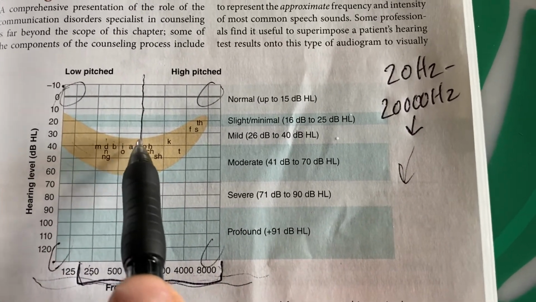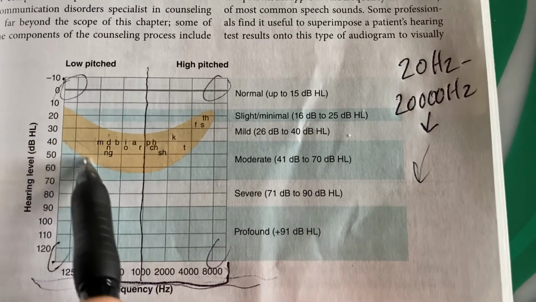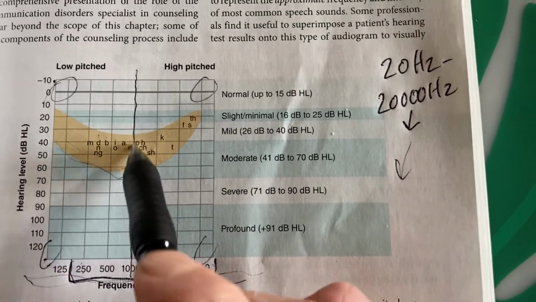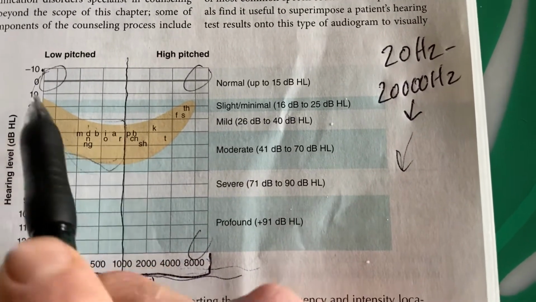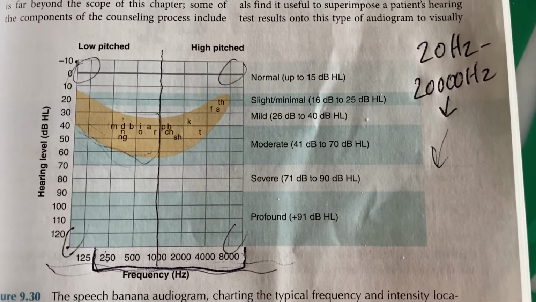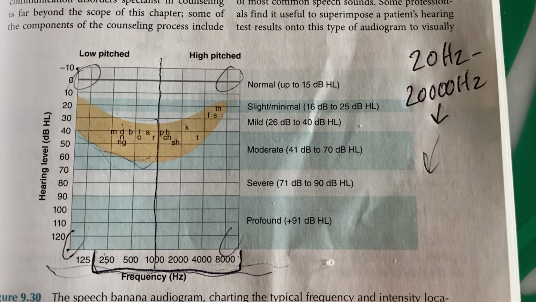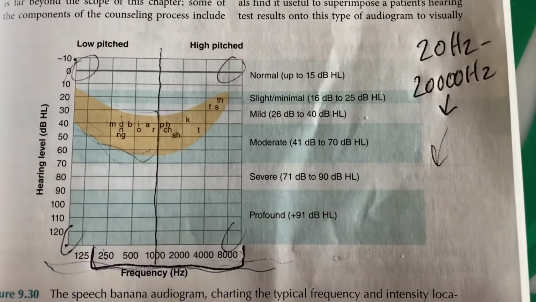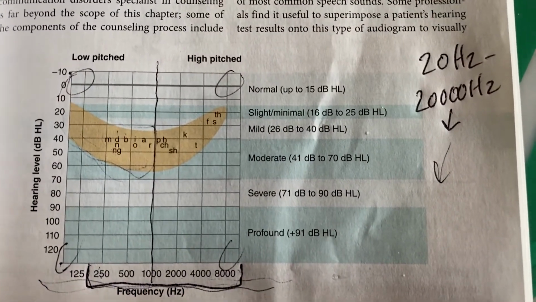You will probably notice, as speech-language pathologists to be, that the phonemes to the left of 1,000 hertz, for the most part, are voiced sounds. Sounds that require vocal fold adduction and abduction in order to be produced.